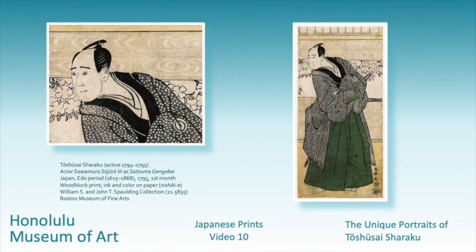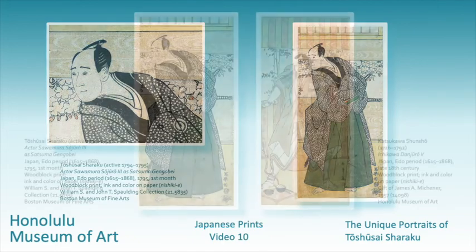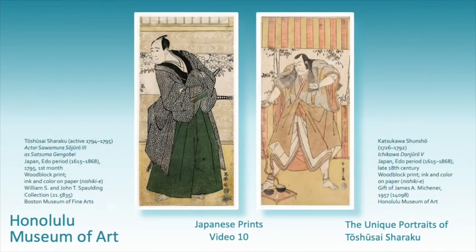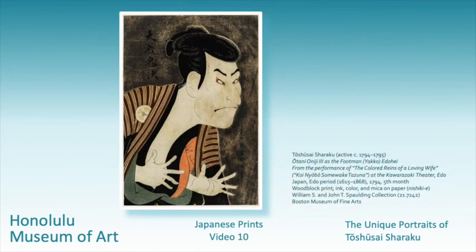And the bold compositions and psychological intensity of Sharaku's earliest works have been replaced with formulaic conventions frequently associated with Katsukawa Shunsho. In retrospect, the most stunning works by Sharaku were his earliest, but he gradually conformed to the popular style of the Katsukawa school.